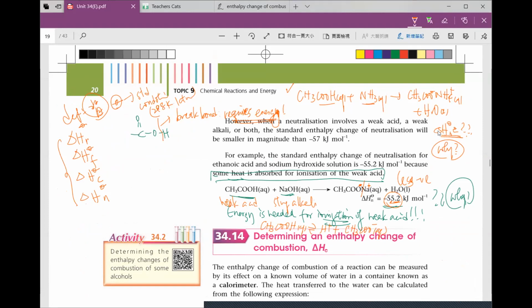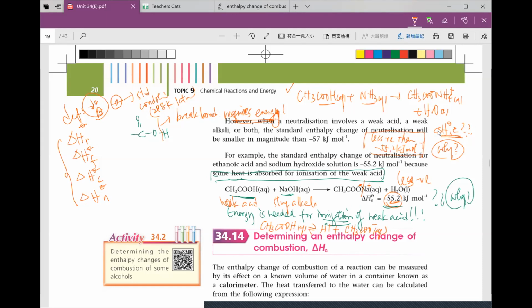Do you understand? Less negative than minus 55.2 kilojoule.